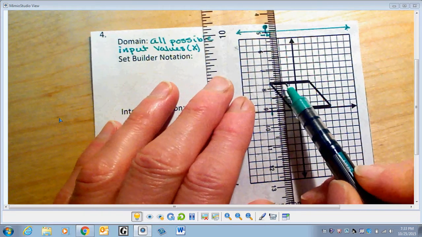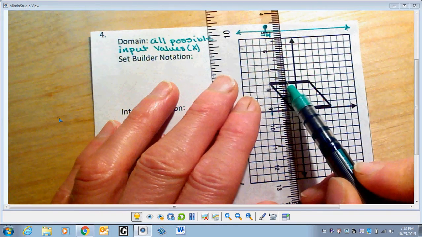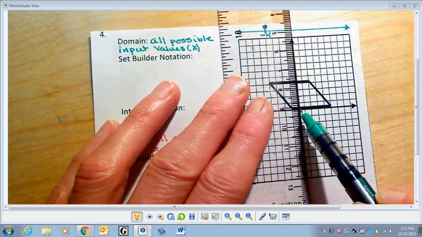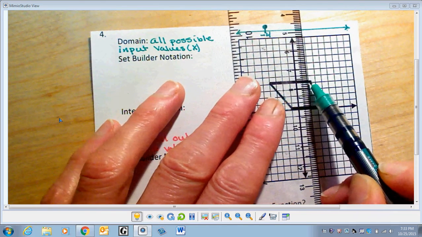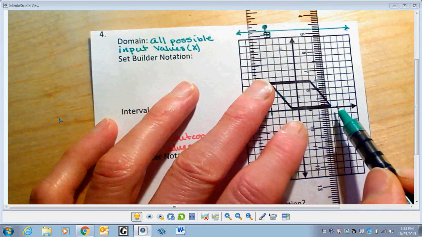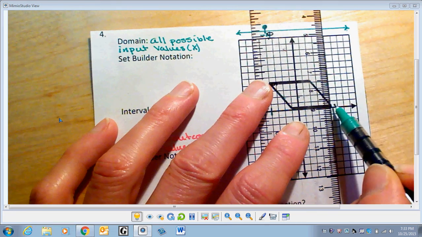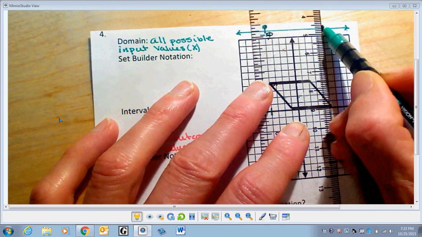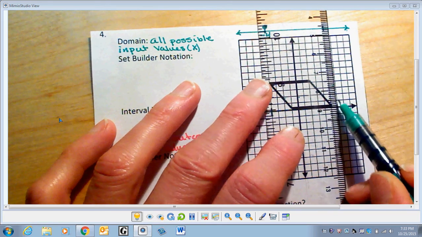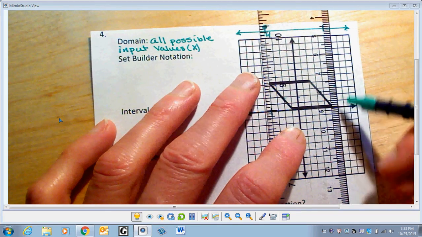I keep moving this way, and I'm touching the ruler here as well as here. That relation is touching the ruler everywhere until I get to this place right here, and that's the end of that relation. As I'm moving my ruler, I'm no longer touching the function.